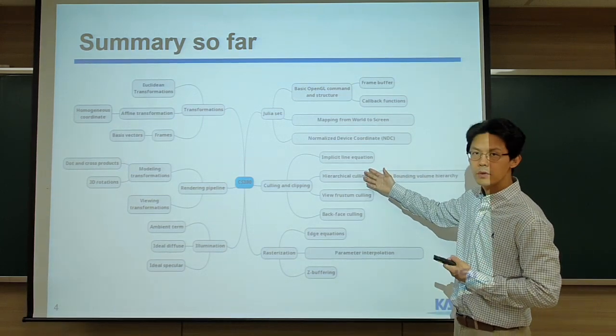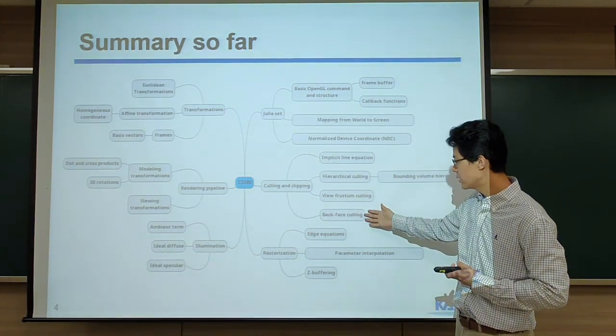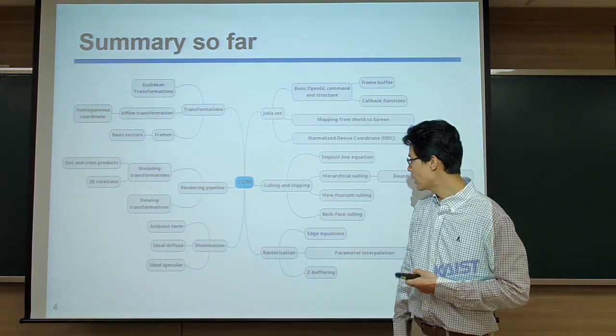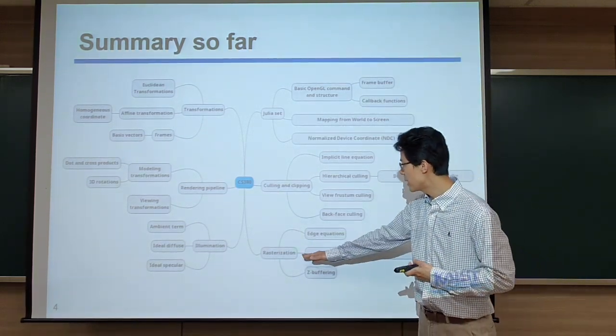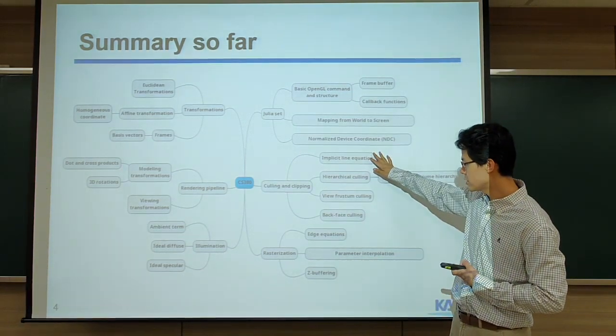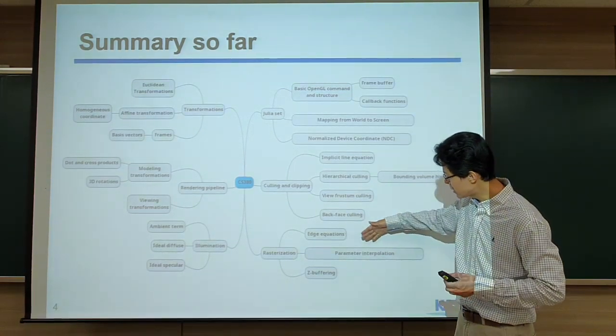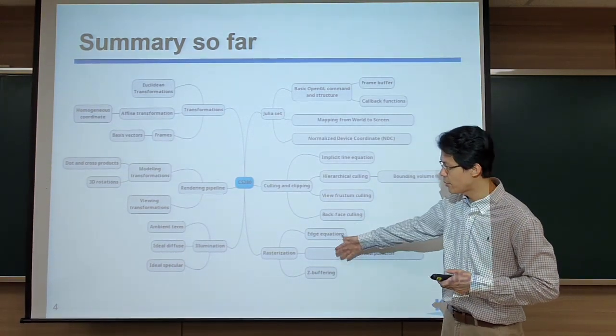We also talked about other culling techniques like view frustum culling and backface culling. Now we moved to rasterization based on the edge equations, which is related to the implicit line equations. Then we talked about how we can do color interpolation, this parameter interpolation technique, and G-buffering techniques.